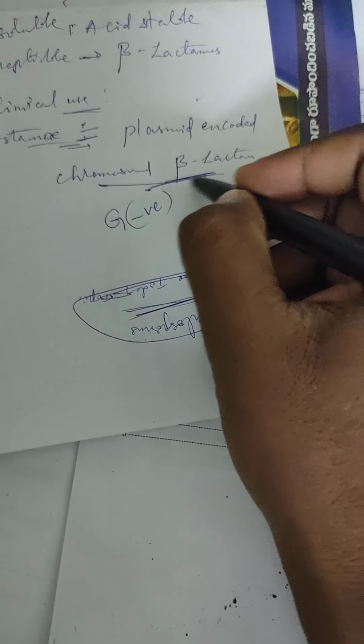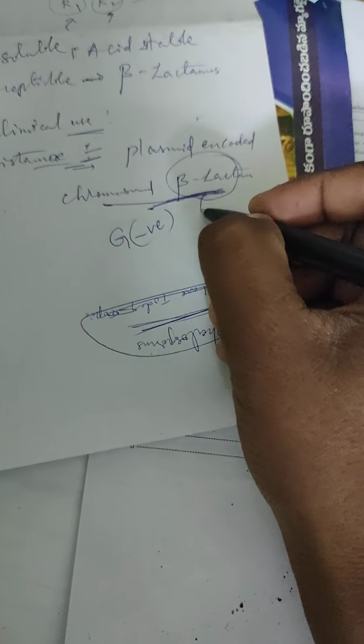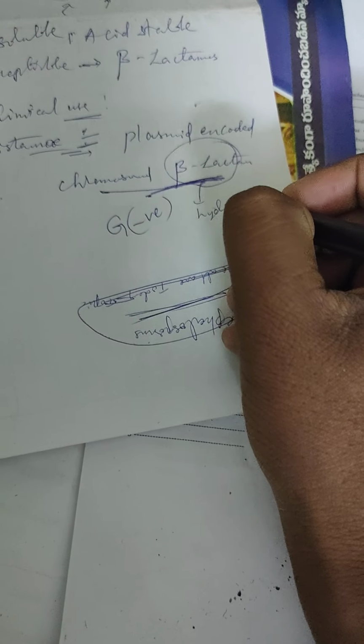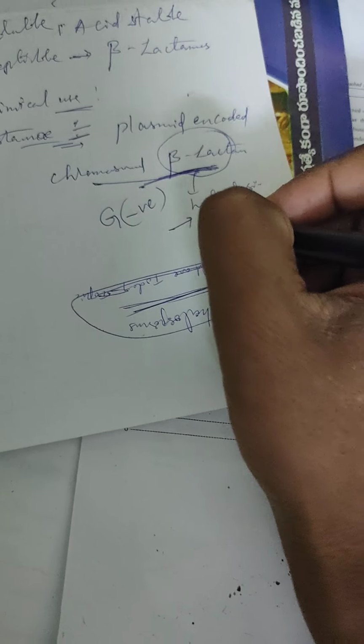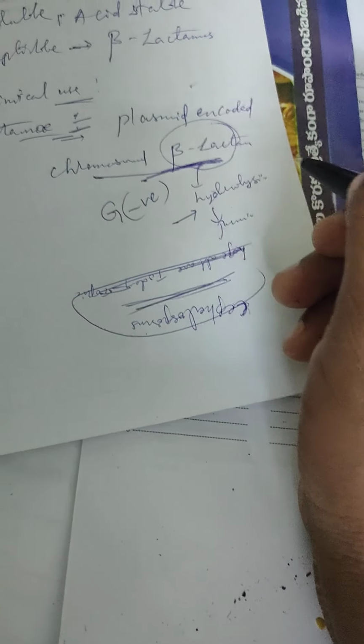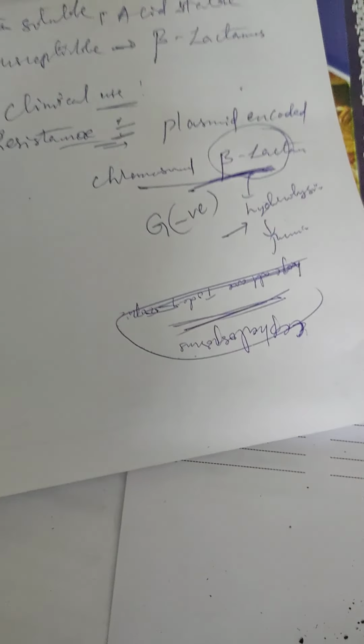Especially, chromosomal beta-lactamase causes a higher amount of hydrolysis of cephalosporins compared to penicillins. That is why this enzyme causes a high amount of resistance in cephalosporins.